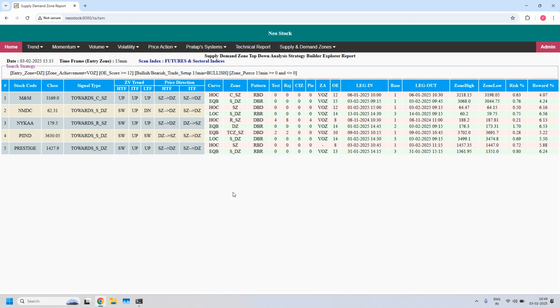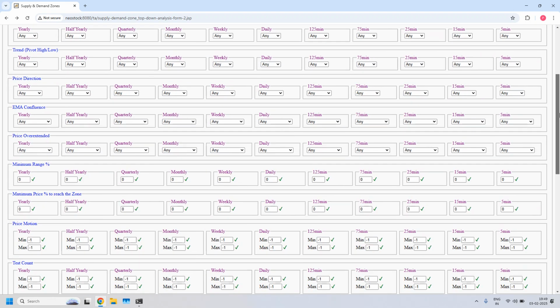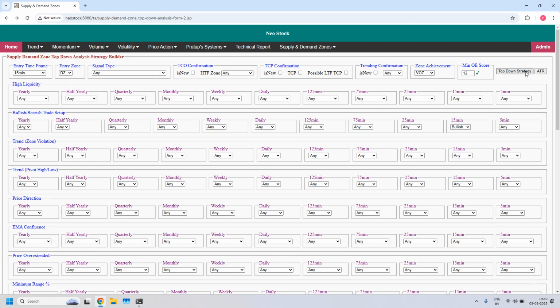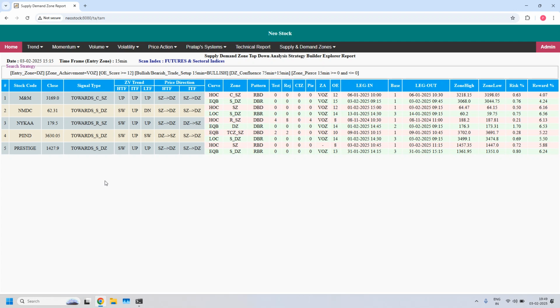First filter is LTF, ITF demand zone confluence. That is 15 minutes demand zone with 75 minutes demand zone confluence. I enable the filter. With this filter, all 5 stocks are filtered. That means in all these 5 stocks, these 15 minutes demand zones are overlapped with 75 minutes demand zone.